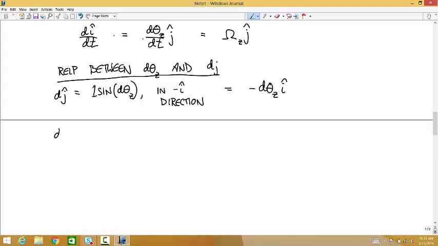And so the time derivative of j is equal to negative d theta z dt times i, which is equal to negative capital omega z times i.